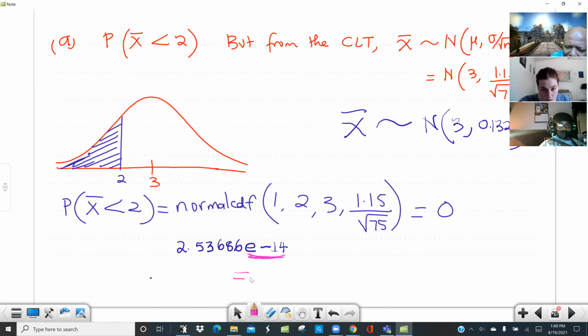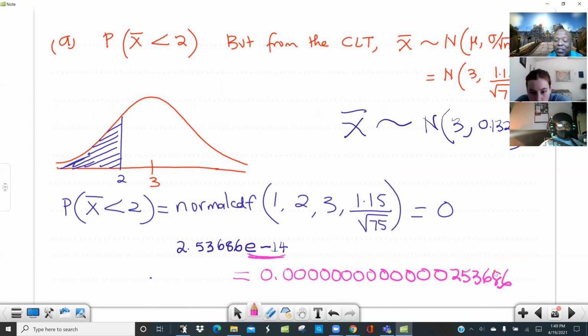So this is 0, 1, 2, 3, 4, 5, 6, 7, 8, 9, 10, 11, 12, 13, and then the 2. And imagine how small this number is. That's why this is a 0. This is practically 0.